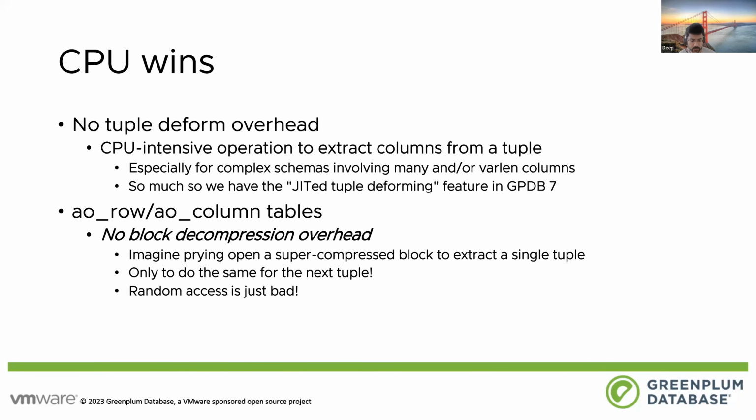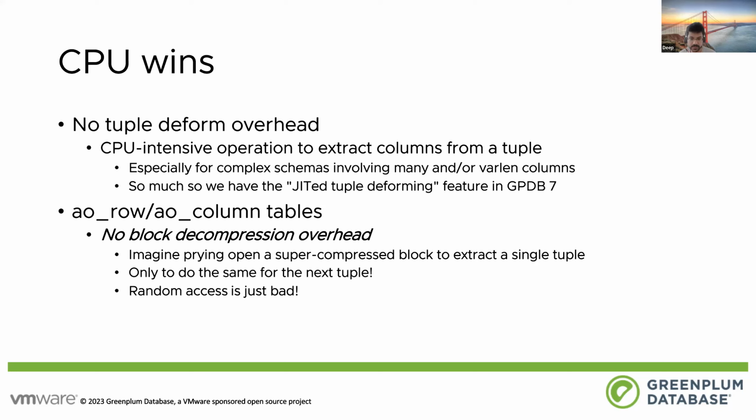Now, not only I/O wins, we also have CPU wins. The first CPU win that we can talk about is the tuple deformation overhead that we save on, right? If you have a heap table or an AO table, each tuple is kept in a specific format on disk. It's an on-disk format, and that on-disk format is complex to extract data out from, right?